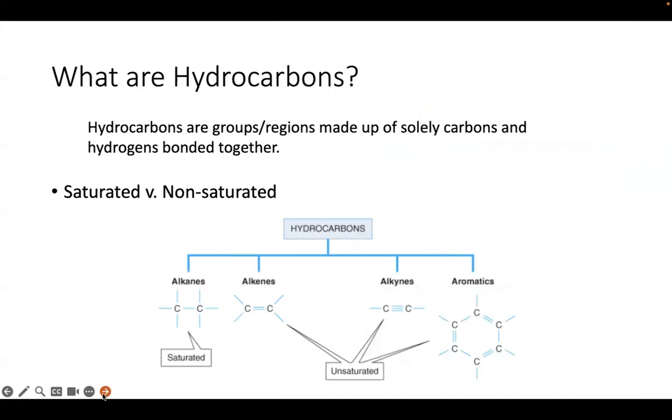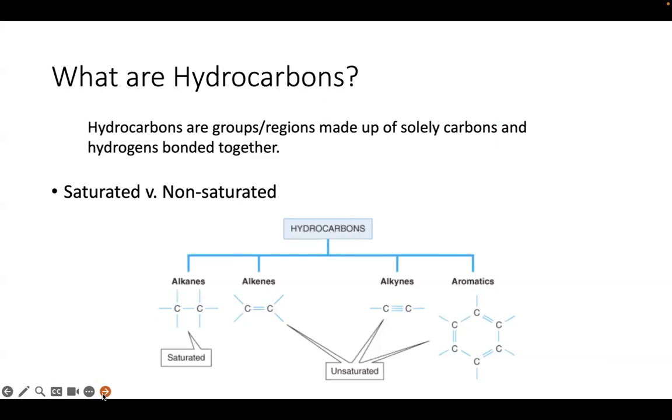So we're going to hear this term hydrocarbons in organic chemistry. And so hydrocarbons are just regions of carbon chains that have hydrogens coming off of them, right? So it's solely carbon and hydrogens together. And so we can have saturated hydrocarbons and unsaturated hydrocarbons.